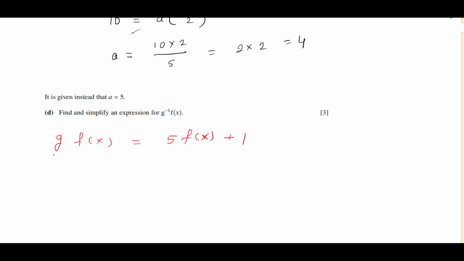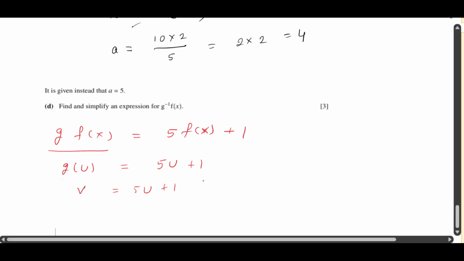So what we can do is consider this fx as u. Say g of u is equal to 5 times u plus 1. For simplicity I am saying like this, and g of u I will replace by v. So v becomes 5u plus 1.